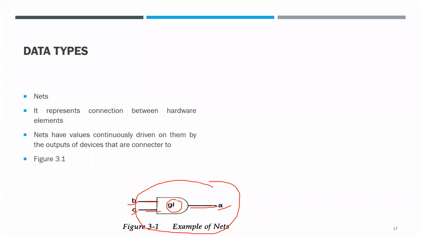If something else comes in here, how that connection is established is defined by nets. For example, if this is a wire and this is the AND gate, and this input is one and this is one, what is the output? One. So this wire is continuously representing logic one.